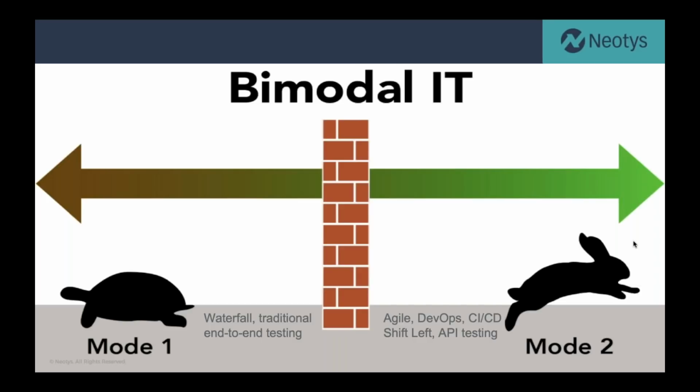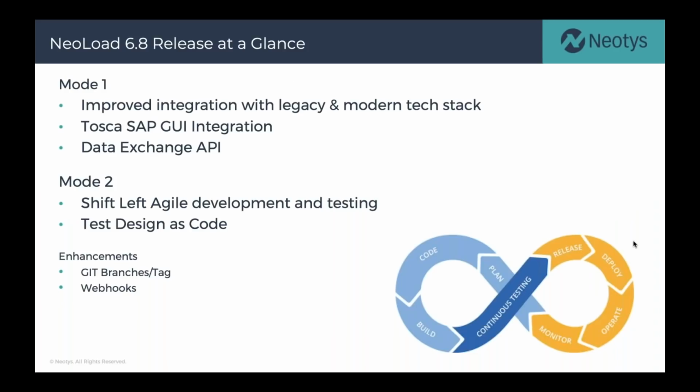And the way NeoLoad is responding is we're making it easy to do performance testing regardless of which approach that you're using, regardless of what type of application you have or APIs and microservices in your application architecture.